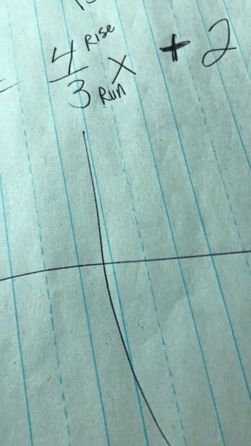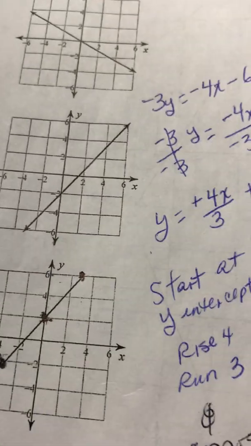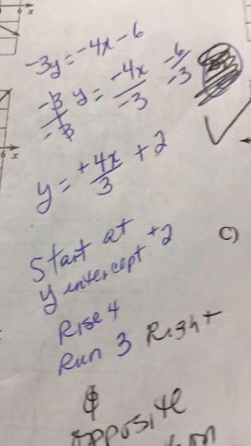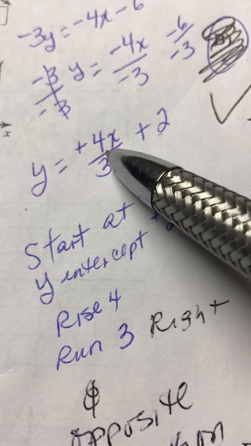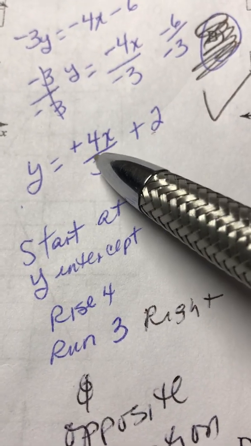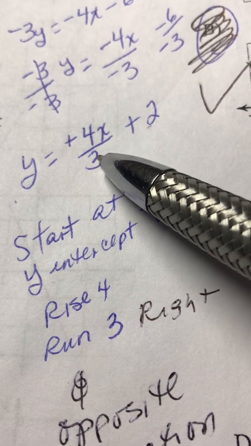So, we are now going to plot this on our graph sheet. So, what happens here is my answer was y equal positive 4x over positive 3, right?